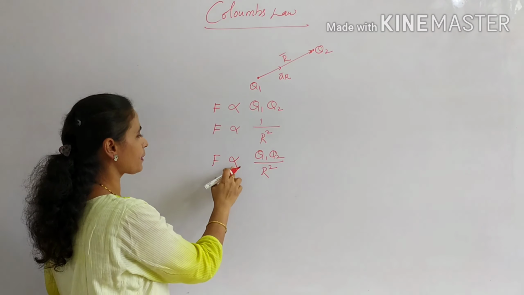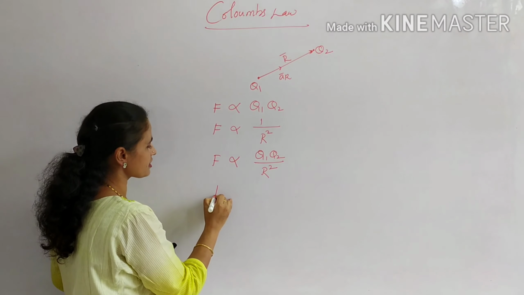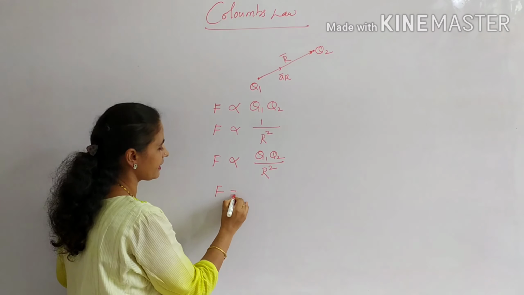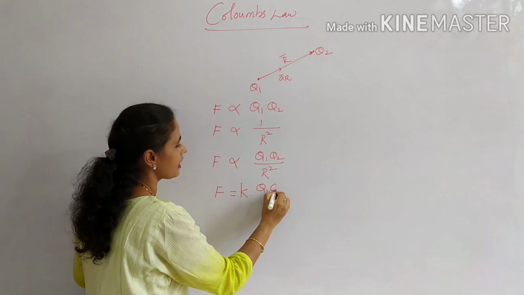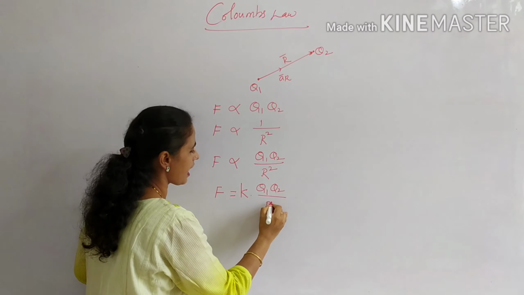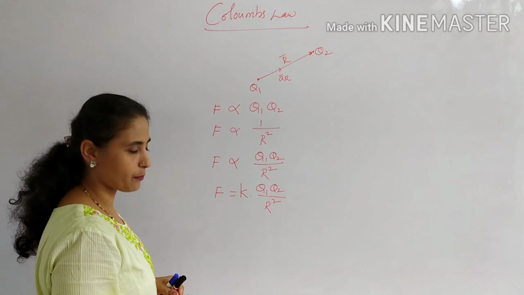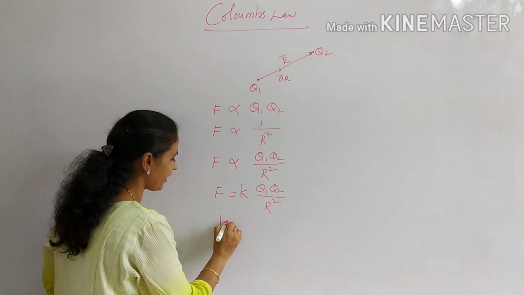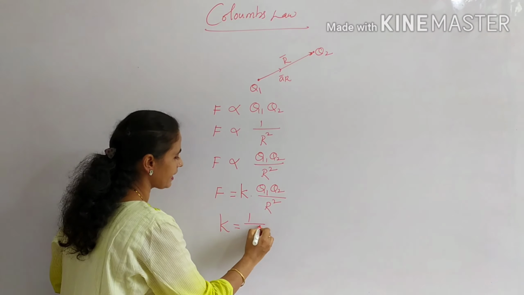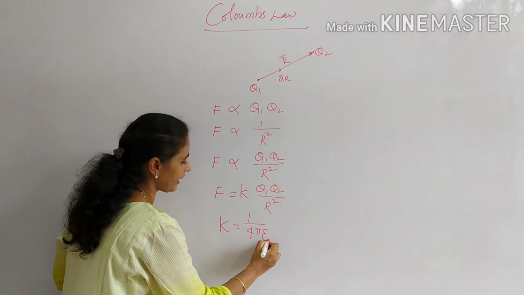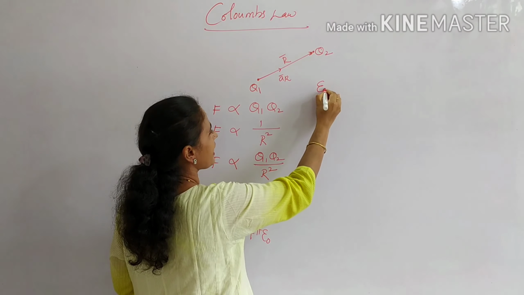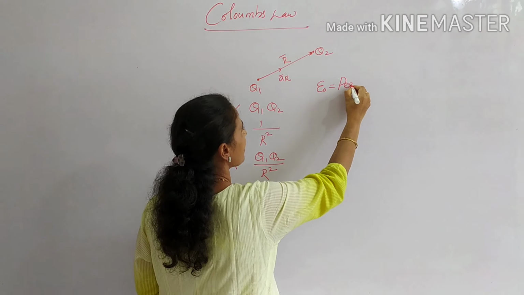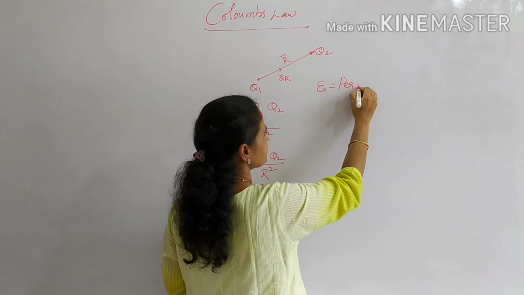To remove the proportion, I introduce one proportionality constant, and F is equal to K into Q1 Q2 by R square, where K is a proportionality constant defined as 1 by 4 pi epsilon naught, where epsilon naught is the permittivity of free space.